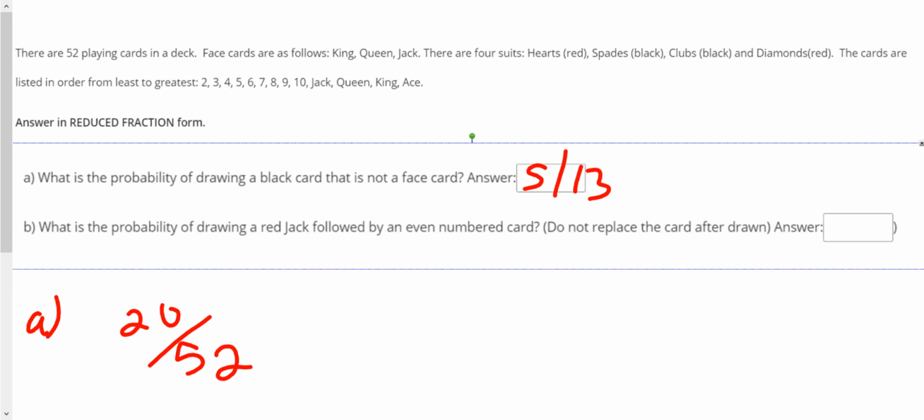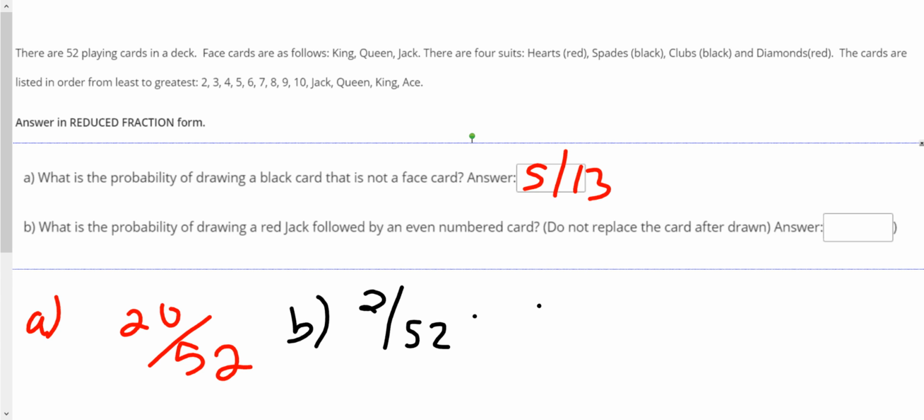Part B, what is the probability of drawing a red jack followed by an even numbered card? It says do not replace the card after drawn. So in other words, we're going to draw the first card, and we're going to assume that we did, and so the probability of pulling a red jack would be 2 out of 52. And we have the second event.